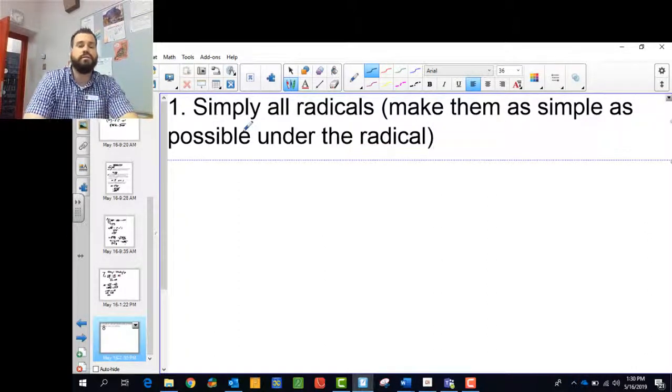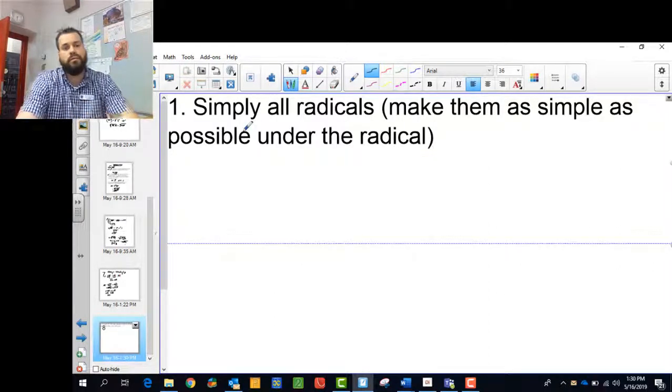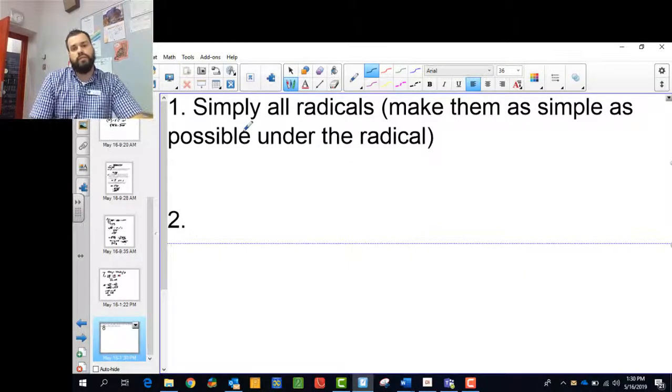So we're going to essentially take anything that's a mixed radical and still look at the radical, see if we can make it even smaller. We still need to try to make it smaller, even if it already is a mixed radical, but it's not quite as simplified as it could be. So we want to make them as simple as possible under the radical.